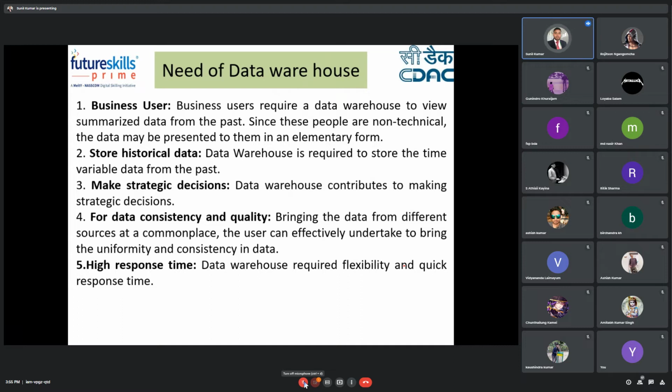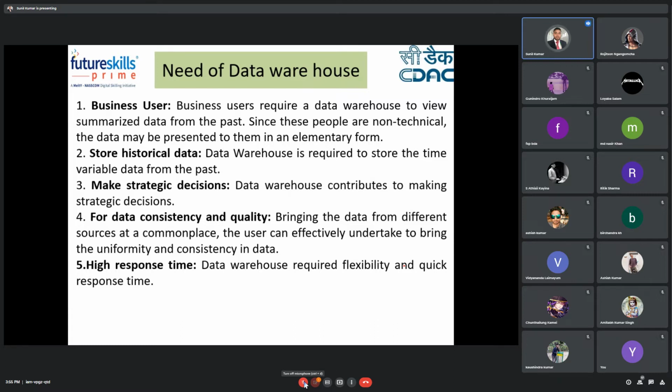Store historical data. Why? Because it is important to store historical data so that you can make analytics on your company business, on your sales, such as how many products I have sold in the last 5 years. Suppose in the last 5 years your company growth is down, so you can compare year by year in which year I sold this product, in which year I sold how many of that product, and now my sale is down.